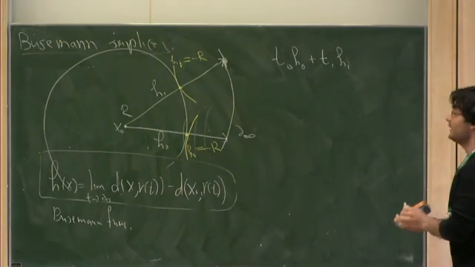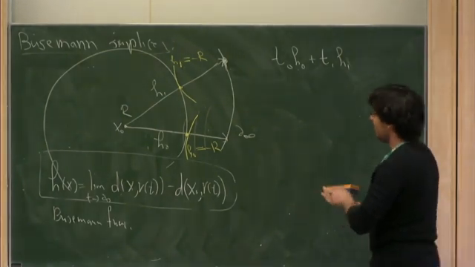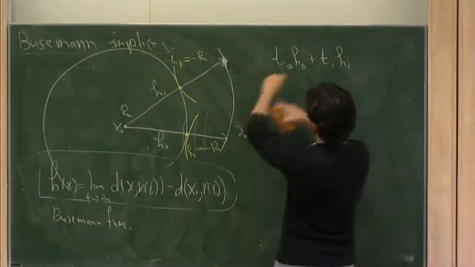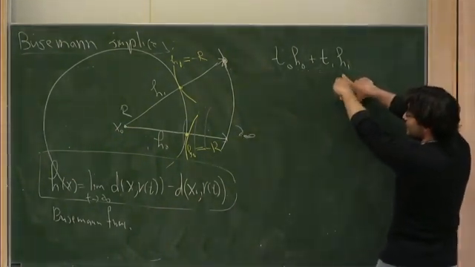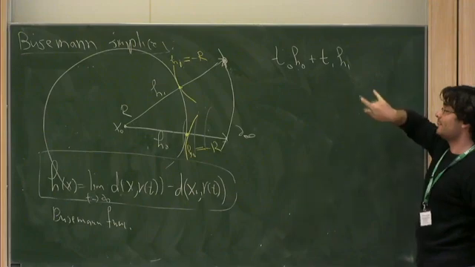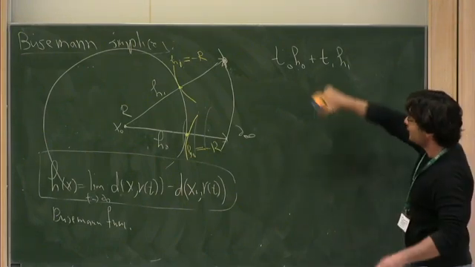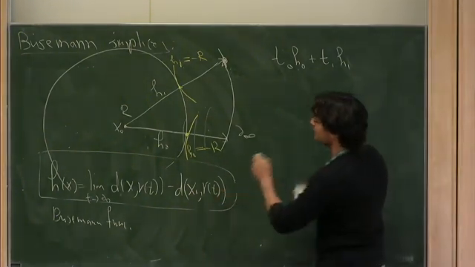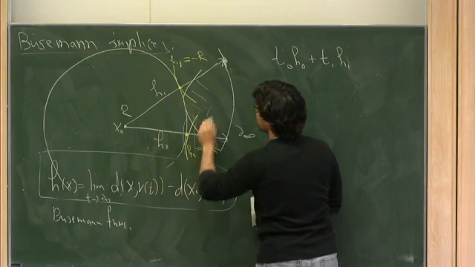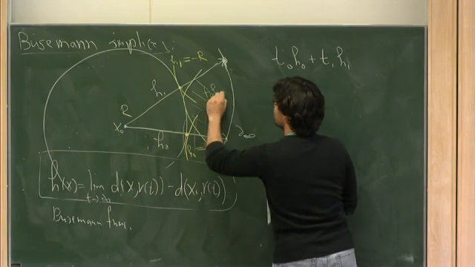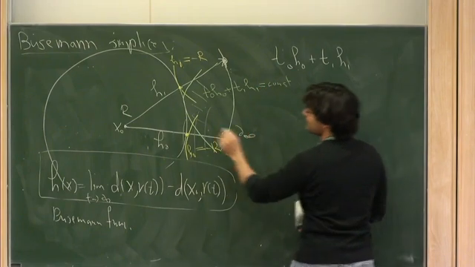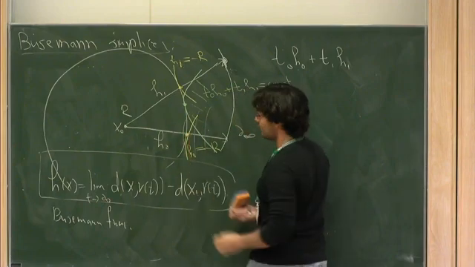To interpolate between them, you look at this function t0 h0 plus t1 h1, and if these points are both pi over 2 apart, this function is going to be convex and it's not going to have an infimum. So if you look at its sublevel sets, there'll be a point when t0 h0 plus t1 h1 equals a constant, where this meets the sphere exactly at one point.